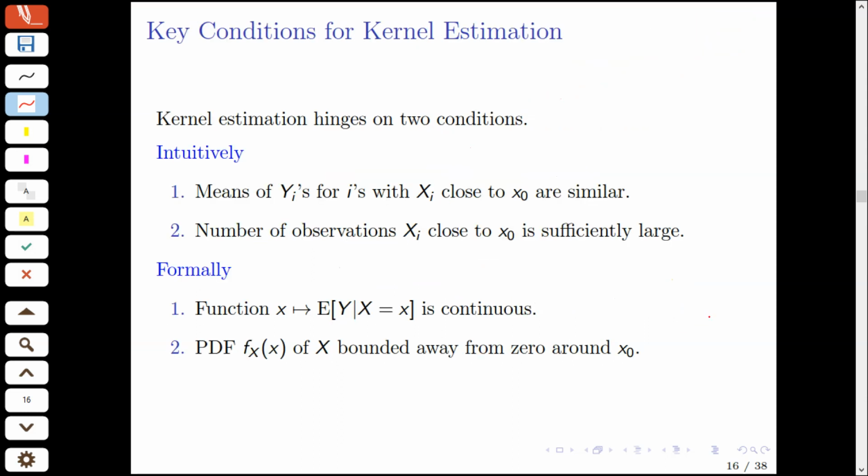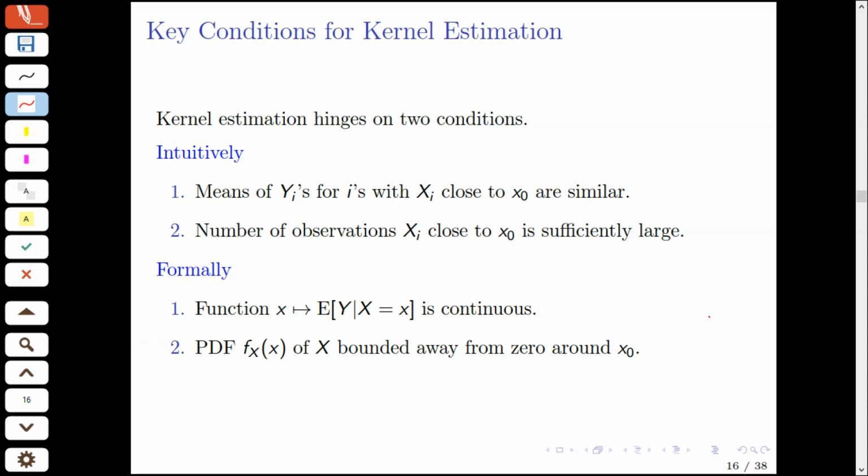So when will this idea for estimating a conditional mean at a point work well? That is, what are the key conditions for kernel estimation? Both intuitively and formally it hinges on roughly two conditions.